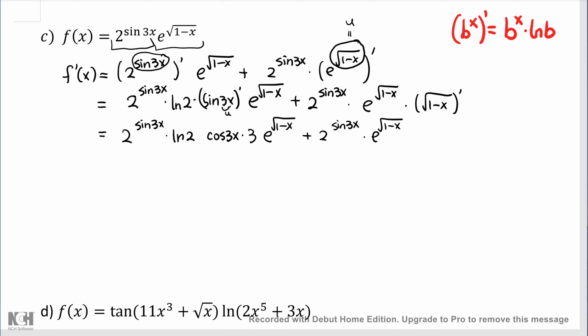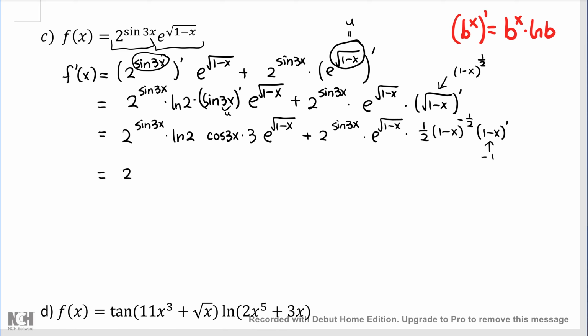So here, what is this? Well, this guy is like u, which is 1 minus x to the 1/2. So this is like u to the 1/2, derivative is 1/2 u to the minus 1/2 times u prime, which is minus 1. Okay, so let's rewrite everything together.